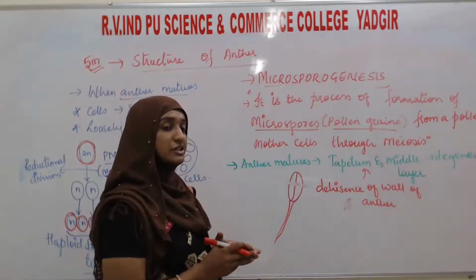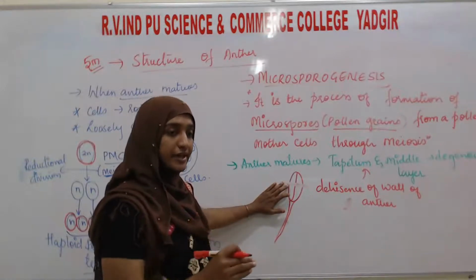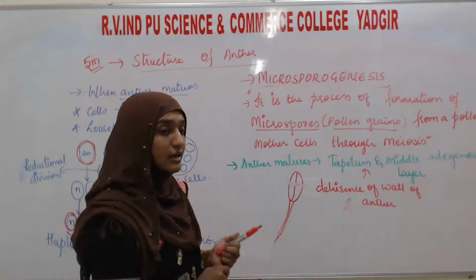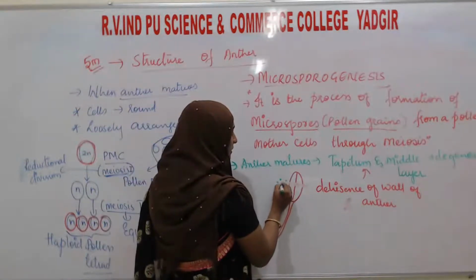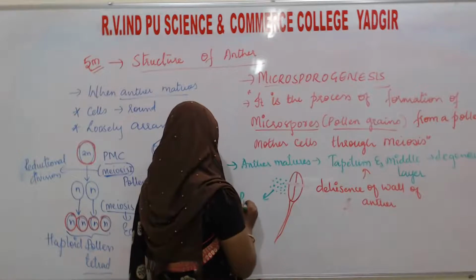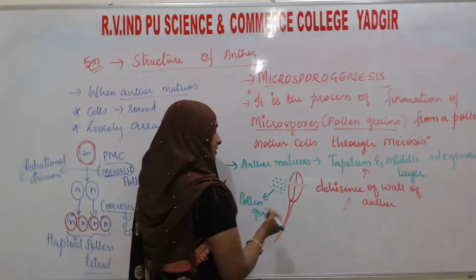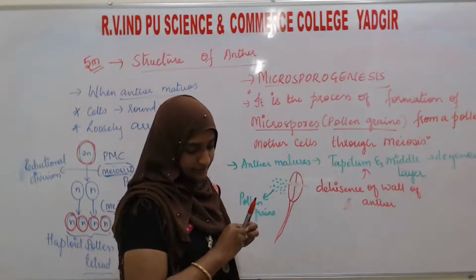If they degenerate, then only the mature anther is going to break down. Then it will release a yellow colored powdery mass, the spores, which is known as the pollen grains.